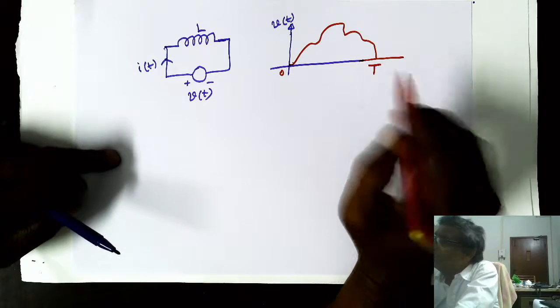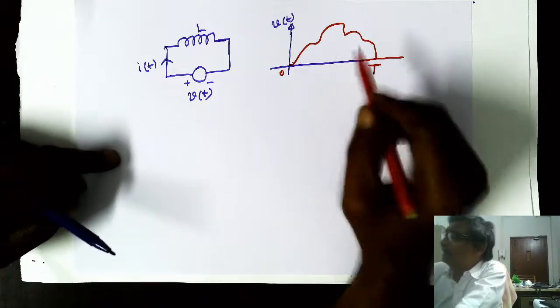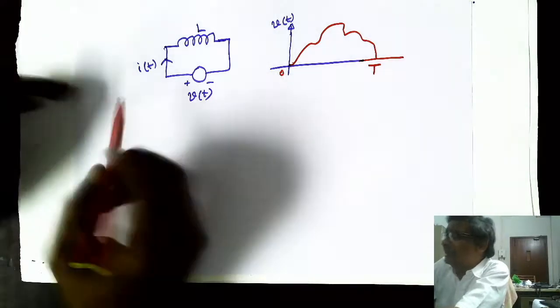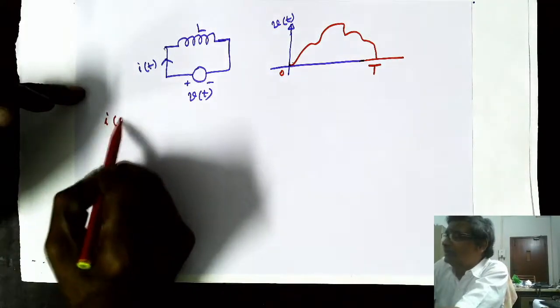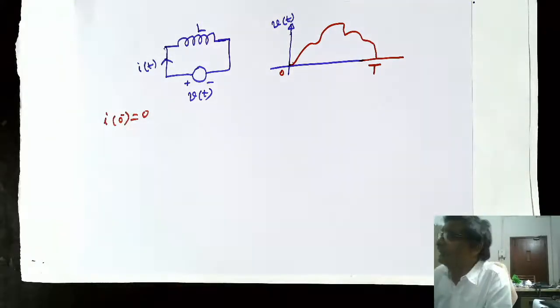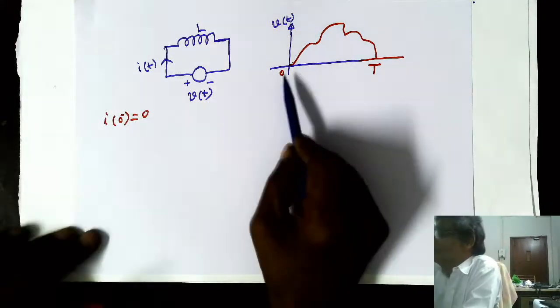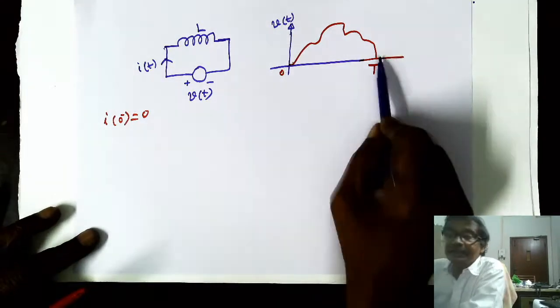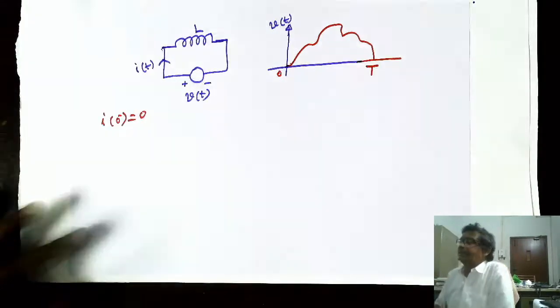Okay, and I say that I0 minus was 0. This is a voltage pulse of this kind, not a very disciplined pulse like in the previous problem. Any crazy voltage.